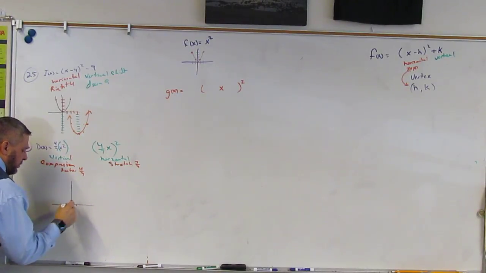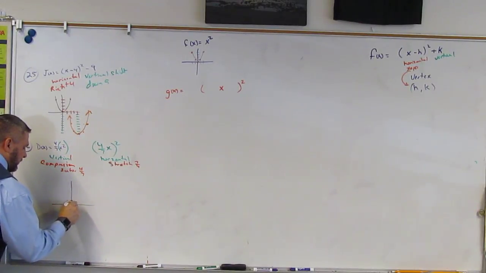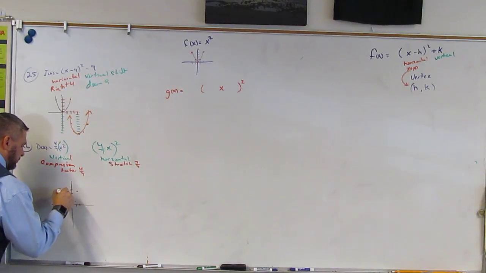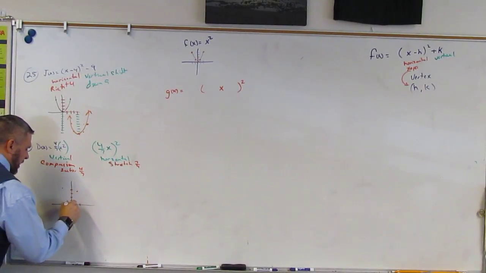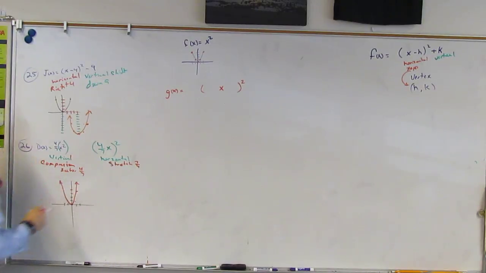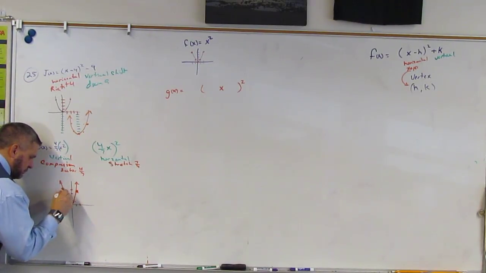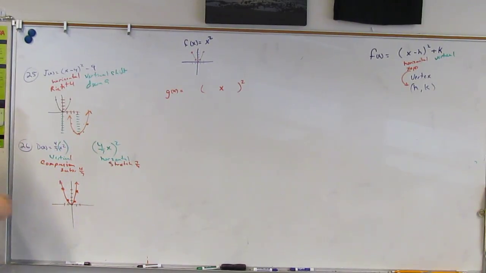first graph of over 1, up 1, over 2, up 4, right? Okay, this first graph gets moved. Okay? It gets moved. Or does it?